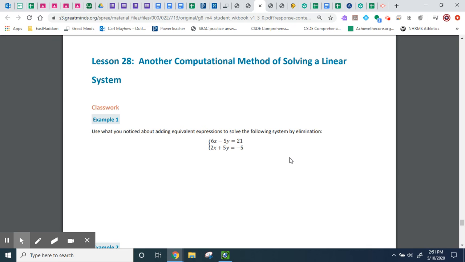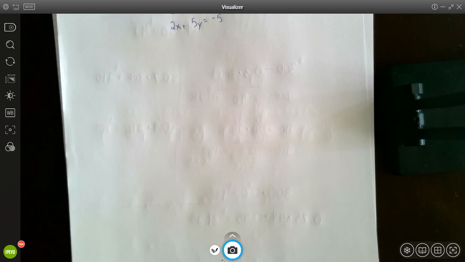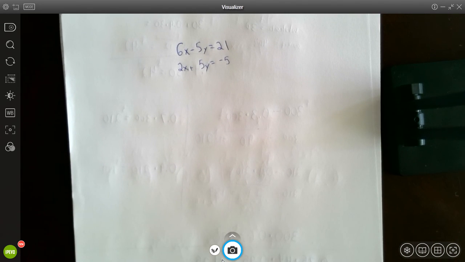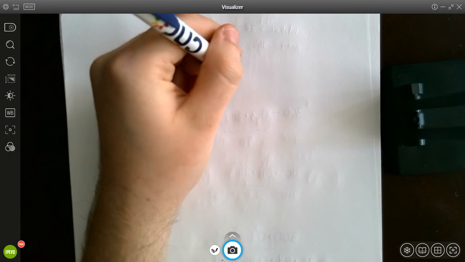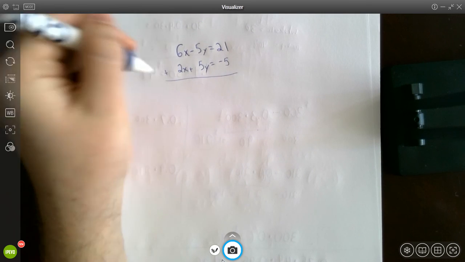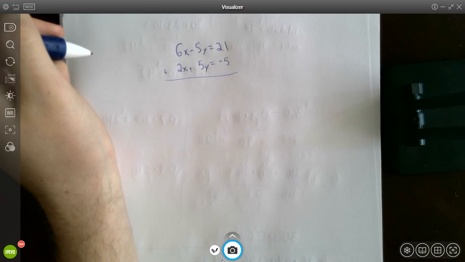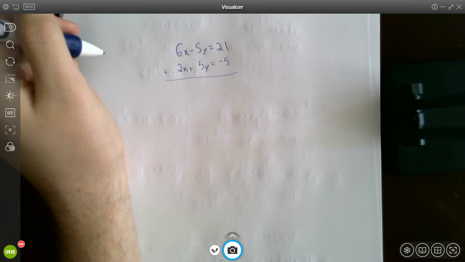So I'm going to take a second and write these two equations down for our first system of equations today. We have 6x minus 5y equals 21, and 2x plus 5y equals negative 5. If we treat both of these equations as an addition problem, then something happens right away.